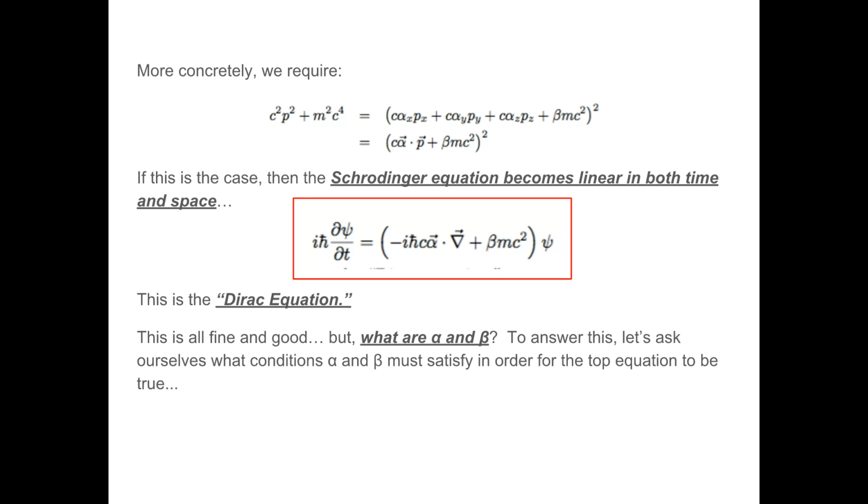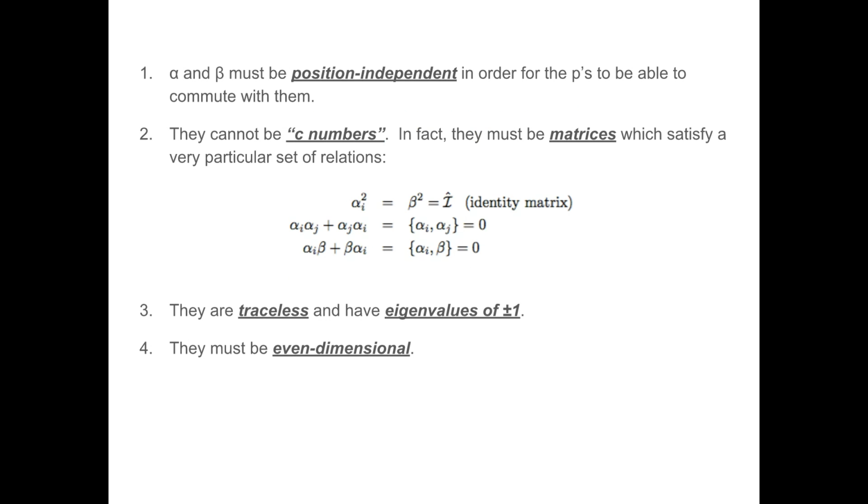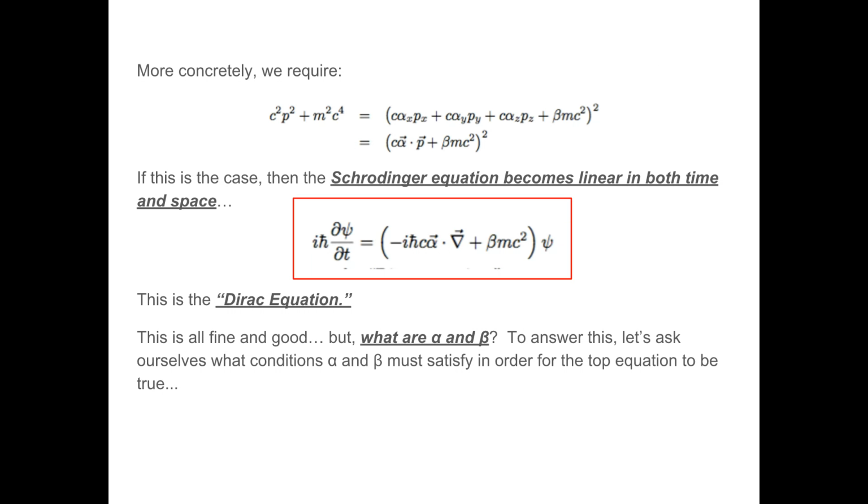The way you do it, and I think it's one of my short homework problems, is to square this stuff out and make sure it equals this. That gives you the conditions on alpha and beta.